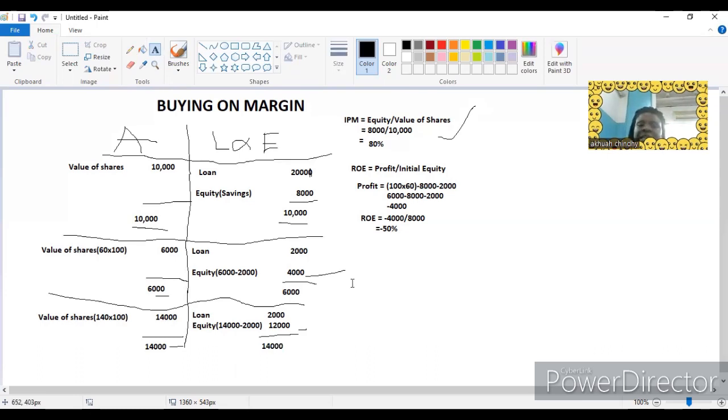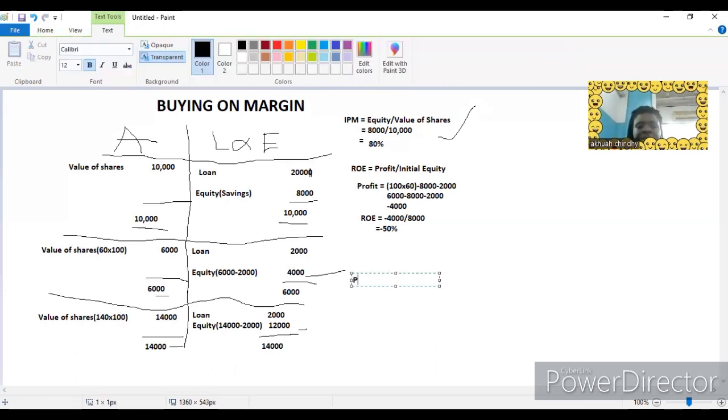Profit would be the selling price, which is 140 times the 100 shares, minus the capital we bought, which is what cost us, and the loan we took because we will pay it eventually. So our profit will be 14,000 minus 8,000 minus 2,000.